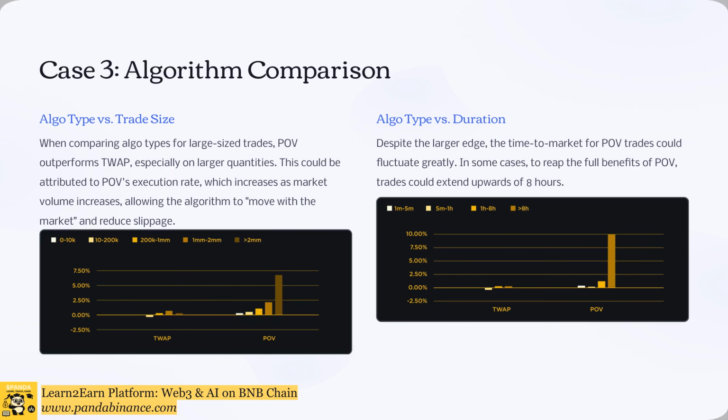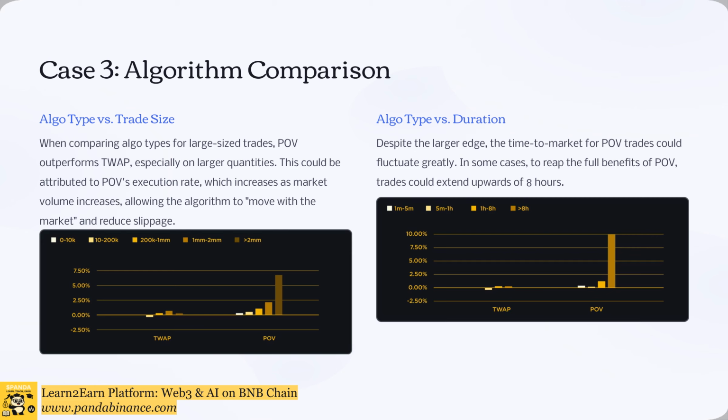Did you know that algorithms can significantly impact your trading outcomes? This slide delves into a comparison between two common algorithms: time-weighted average price, TWAP, and percentage of volume, POV, focusing on trade size and duration.